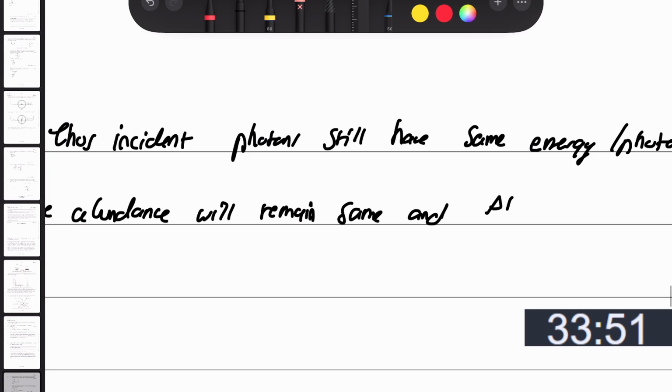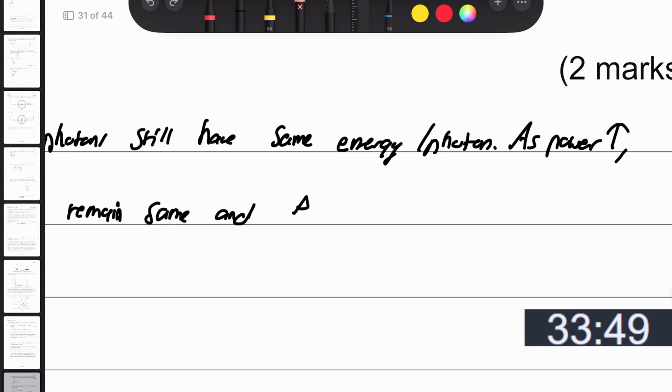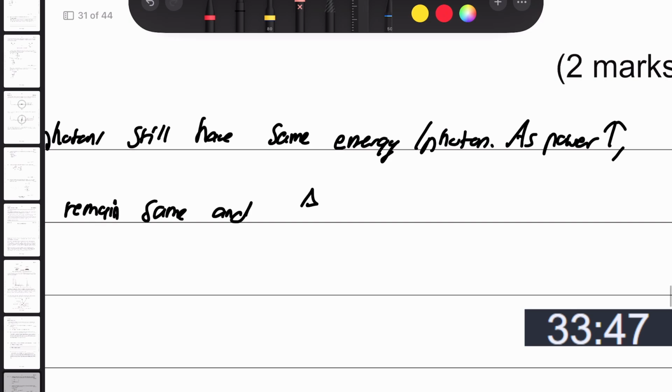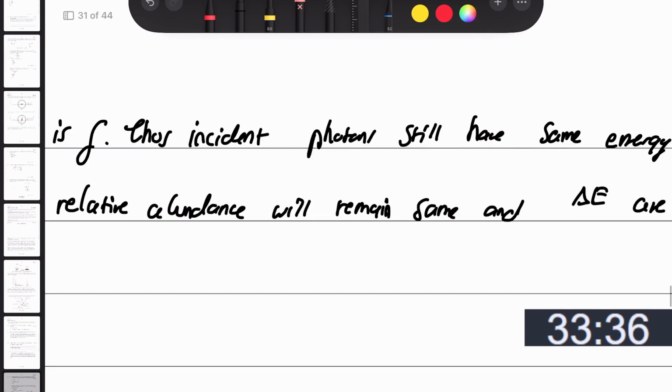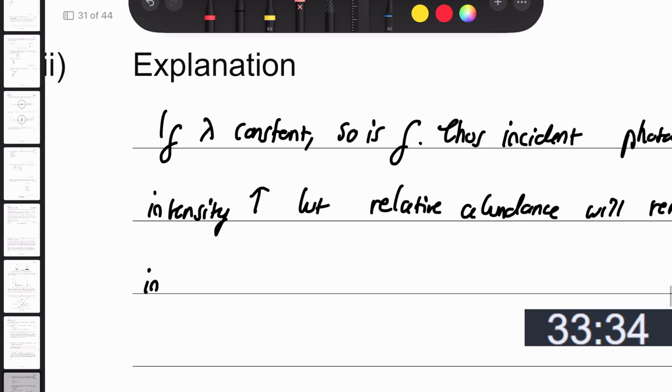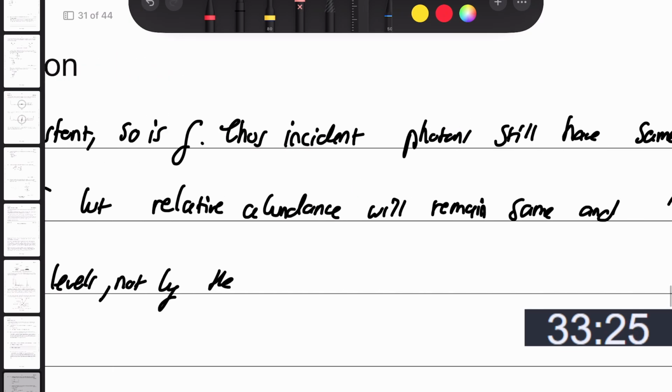And the delta E's are determined by the difference in energy levels, not by the incident photon energy.